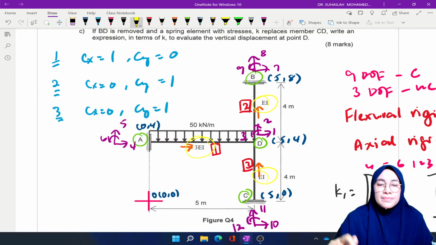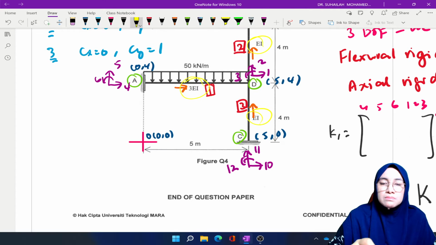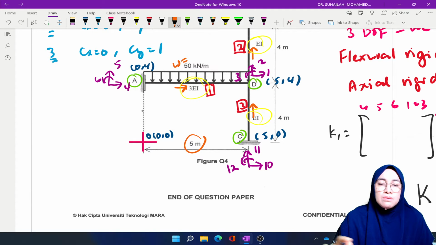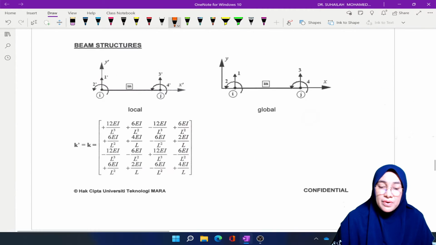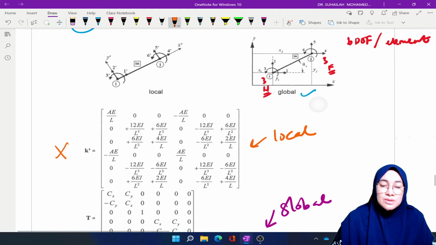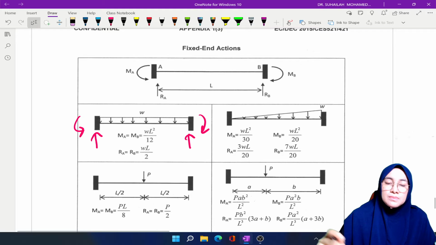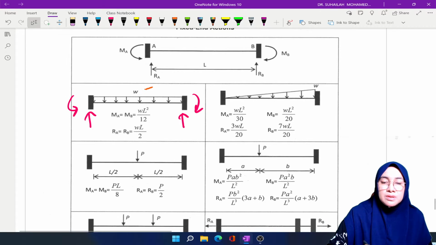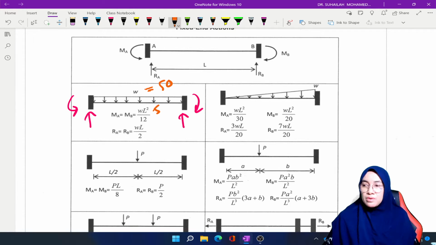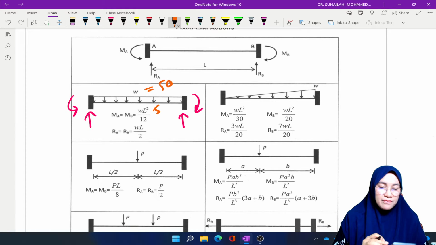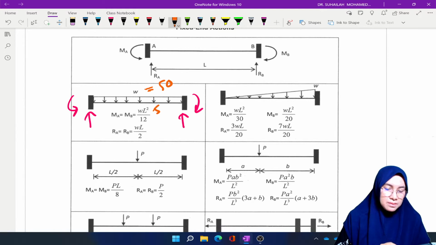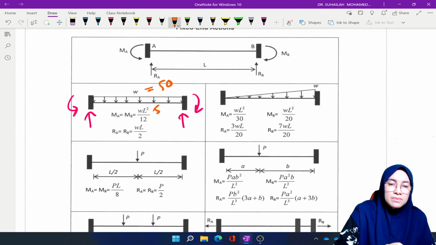Okay, back to Q1 naught. This is W, and the length is 5. WL squared over 12, with W equal to 50 and length equal to 5, gives 104.167, both.